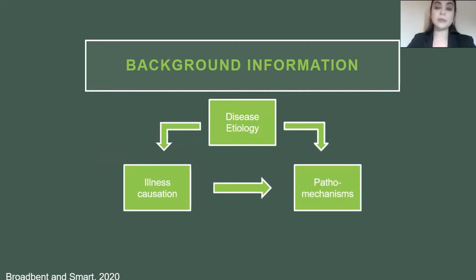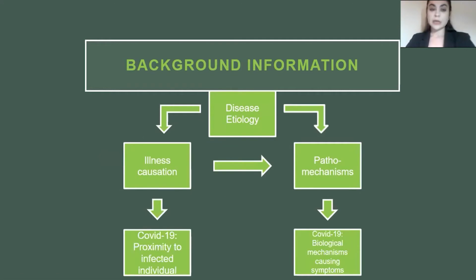And then pathomechanisms, and these are internal bodily responses that will result in symptoms. In terms of COVID-19, illness causation would be largely related to the proximity to an infected individual. And then we may factor in some other things like air quality and ventilation.